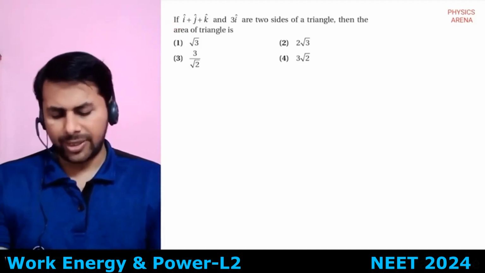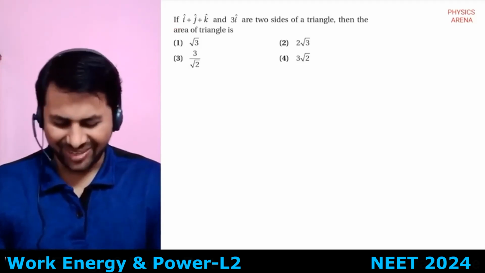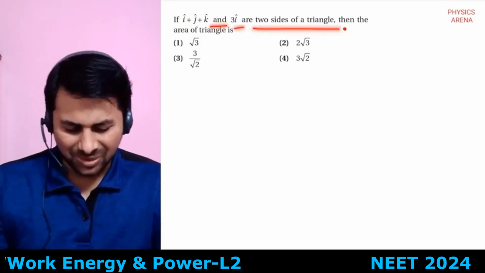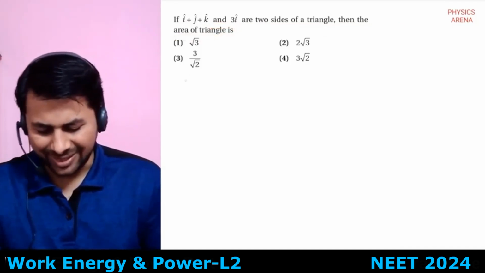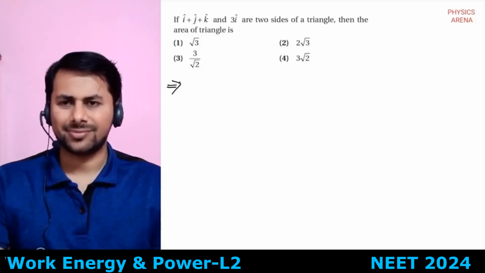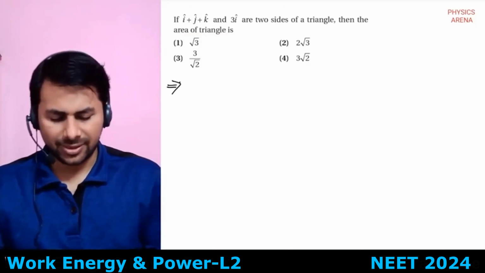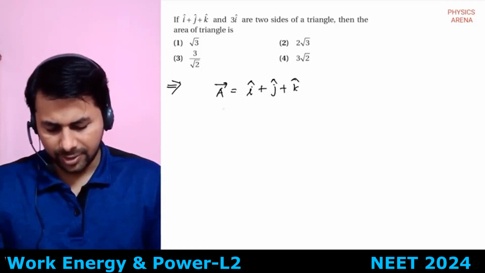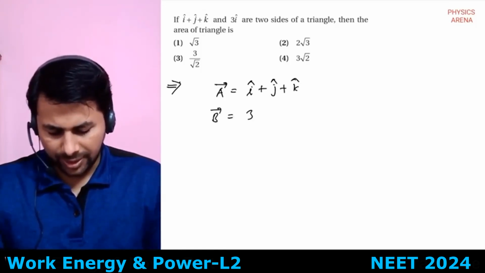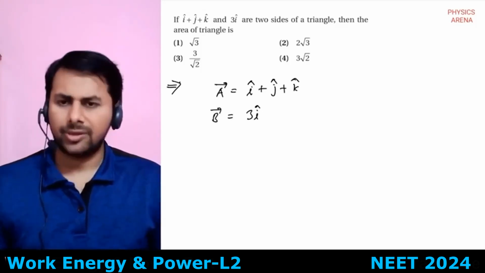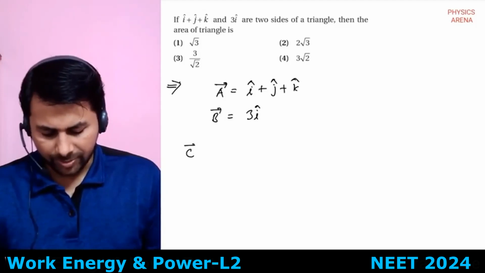Then if I cap plus J cap plus K cap and 3 I cap are two sides of a triangle, then the area of the triangle is, tell me. This is A bar, which is I cap plus J cap plus K cap, and you have B bar equals 3 I cap. So area is half of the vector product. So first of all, let's find out the vector product.